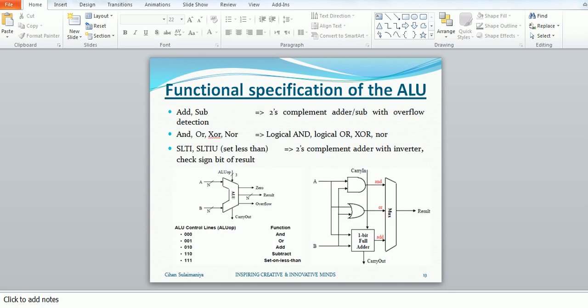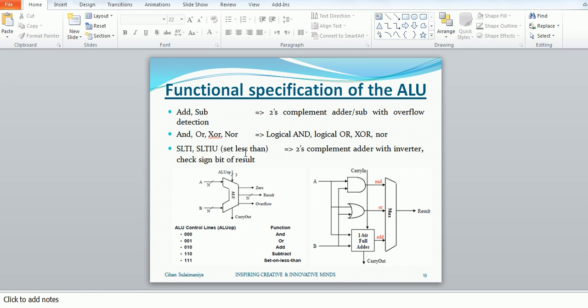So finally, the functional specification of arithmetic logic units. What is the arithmetic logic unit going to do? Arithmetic logic unit could add or subtract numbers. So that's the benefit of arithmetic logic unit. It's going to add or subtract numbers. It's possible to use logic gates like XOR, OR, AND.